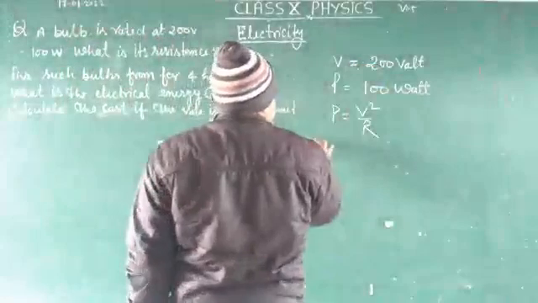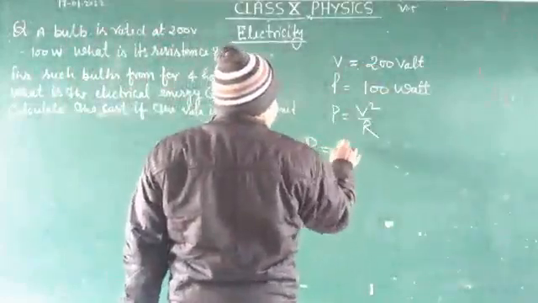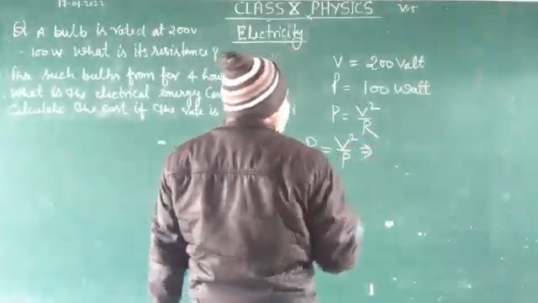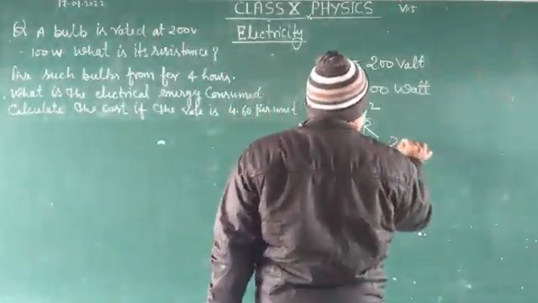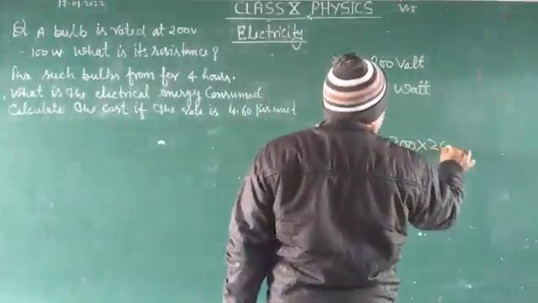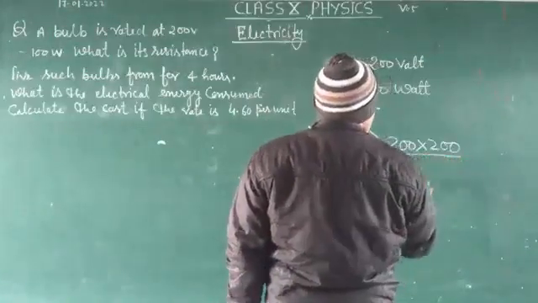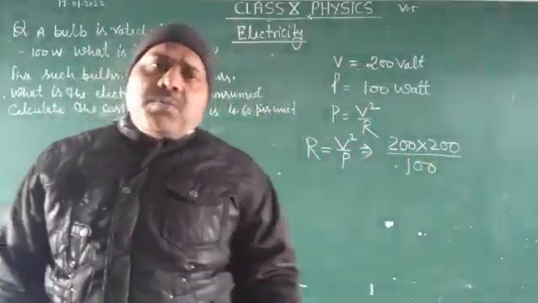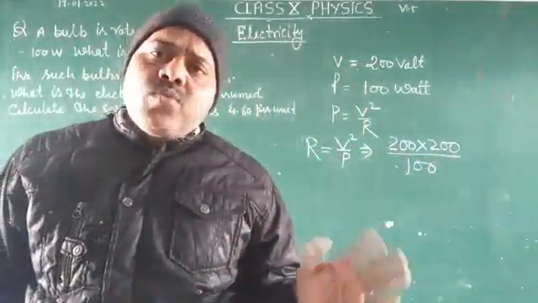So we can write resistance is equal to V square upon P. V square means 200 multiplied by 200, upon power, which is 100 watt.